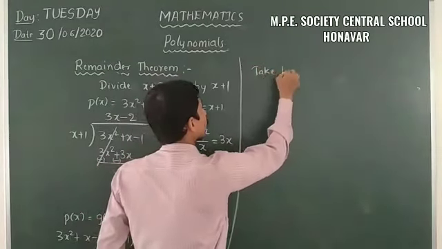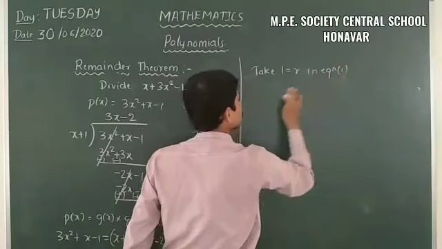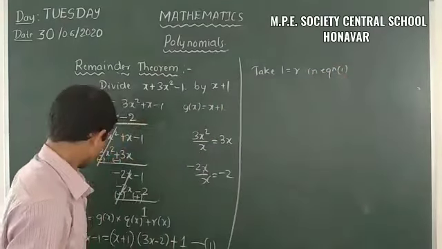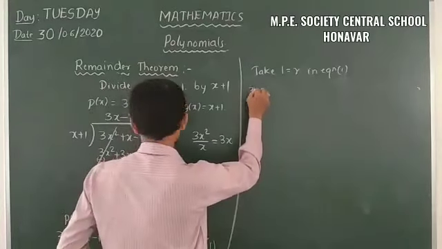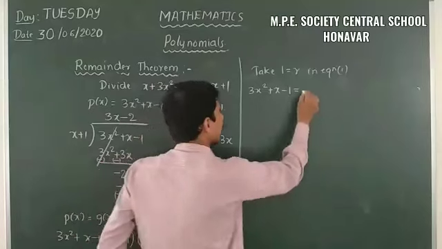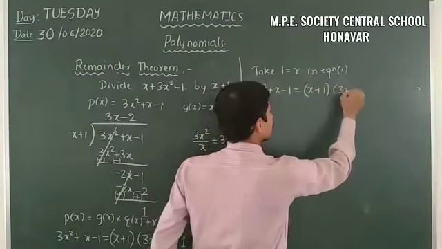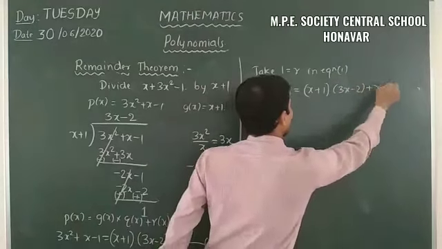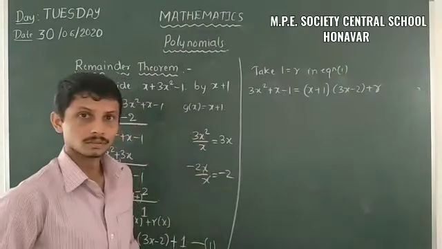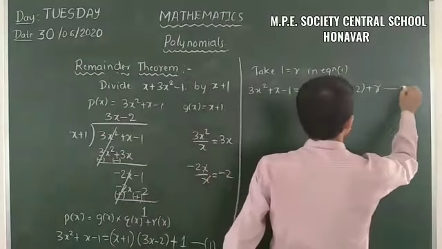So what do we get? 3x square plus x minus 1 is equal to x plus 1 into 3x minus 2 plus r. We don't know the remainder. So it's equation number 2.